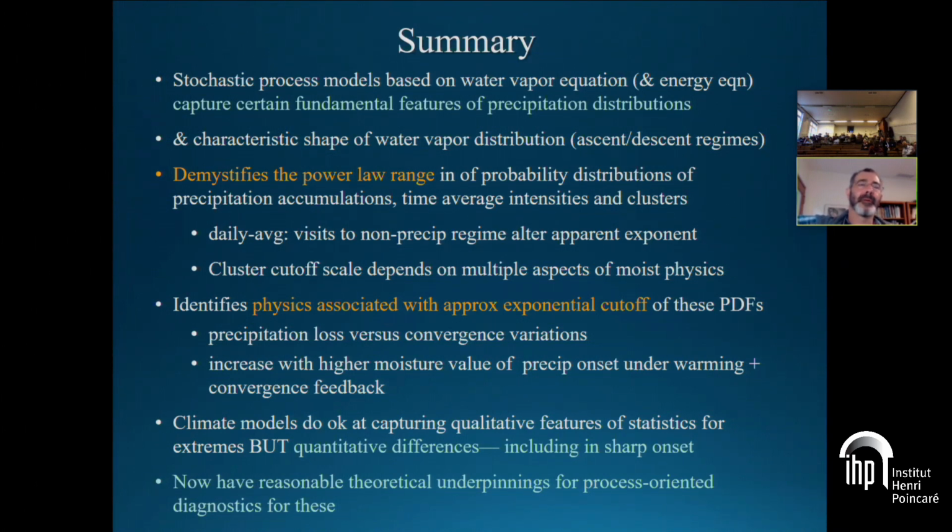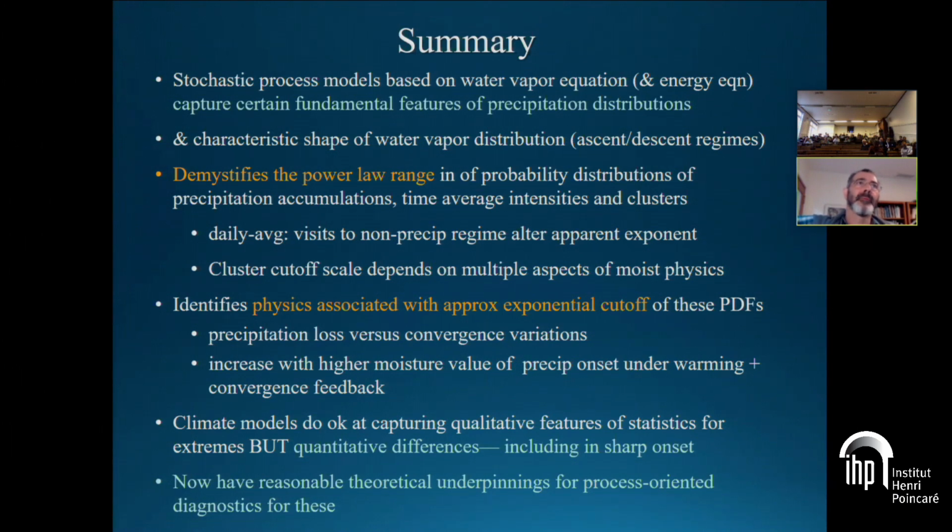Those are all very good points. In comparing to observations, of course, one thing you can do is coarse grain the observations and check, for each statistic you're interested in, what the dependence on the spatial scale is. That's one thing that one necessarily does.